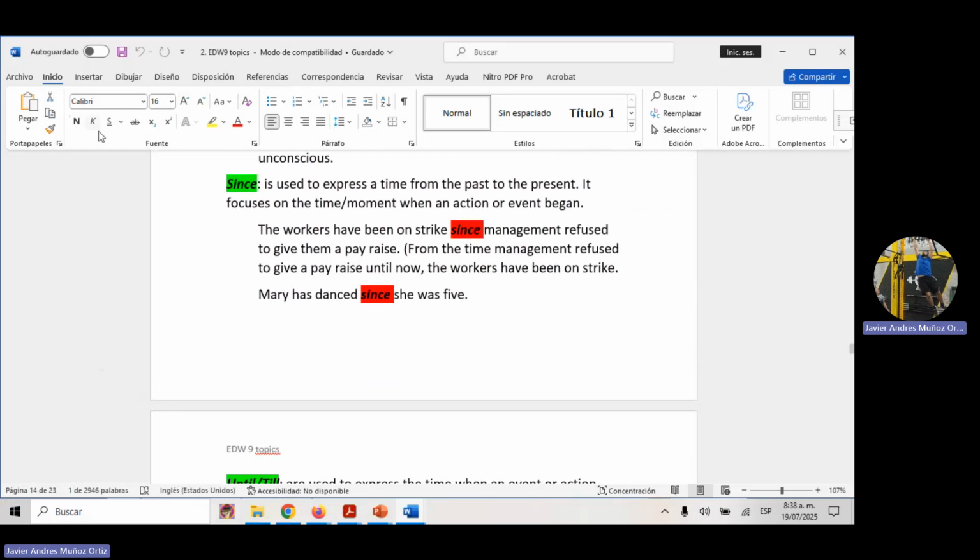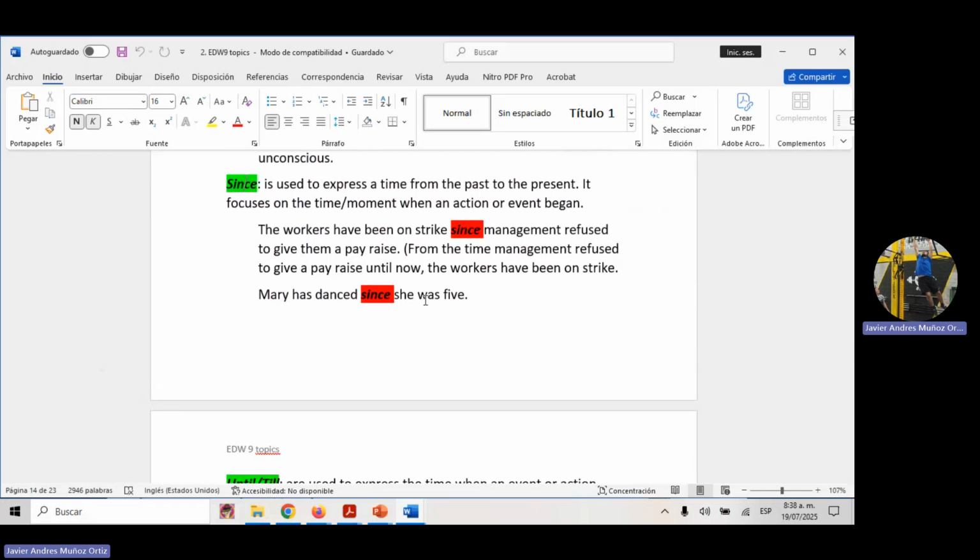Let's go with since. Next conjunction. We're going to use since when we want to focus on the time or the moment when an action started. Something started in the past, and this activity lasts until today, will last until tomorrow, doesn't matter.